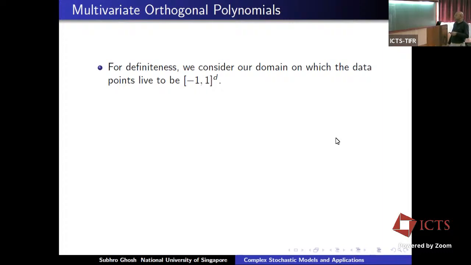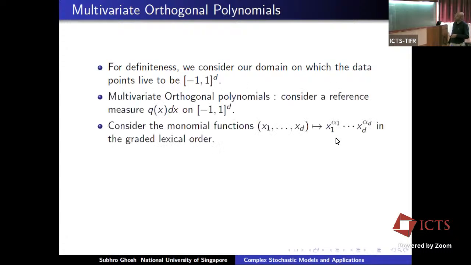Imagine, for definiteness, that our points are living on a hypercube in dimension D. You can think of multivariate orthogonal polynomials living on this hypercube.